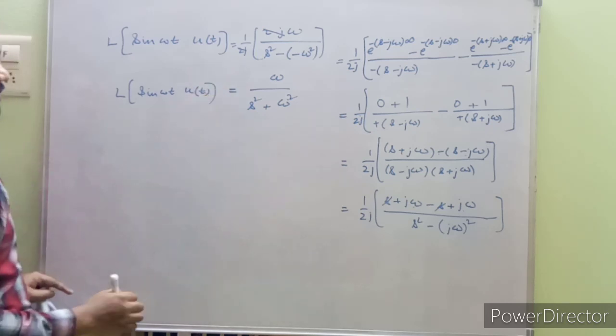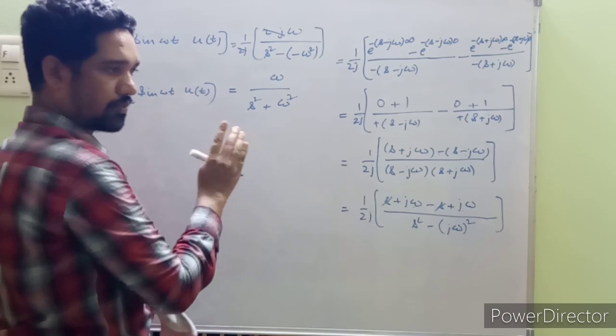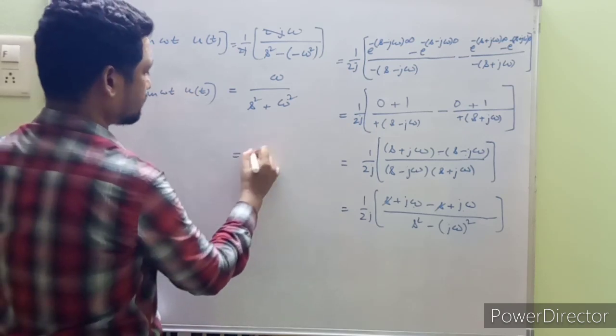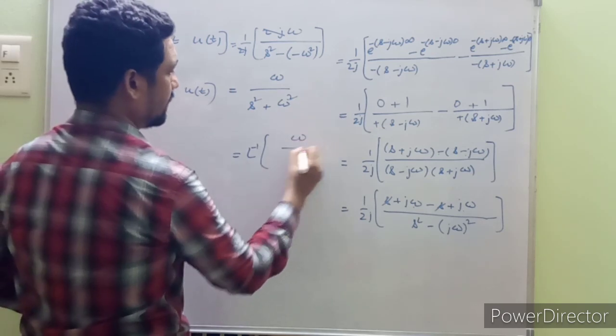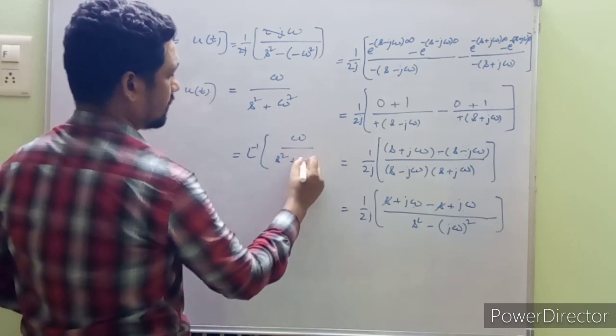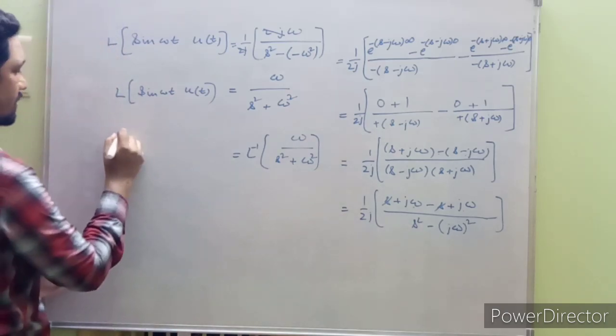At this point, another point to be remembered is applying inverse Laplace transform on both the sides. Omega by s square plus omega square, and inverse Laplace transform on either side also.